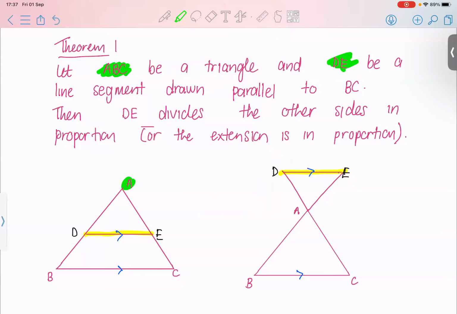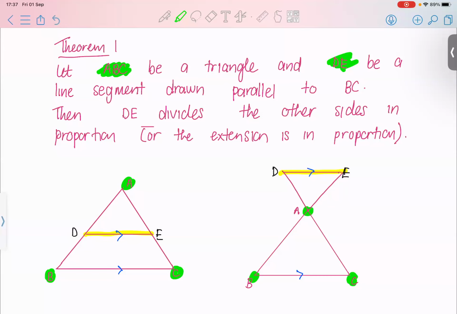So here is triangle ABC. This is one form in which we could draw it, or I could have drawn it like this as well, right? So again, these are the same starting points. And then we have this line DE that is a segment that must be drawn parallel to the one side.